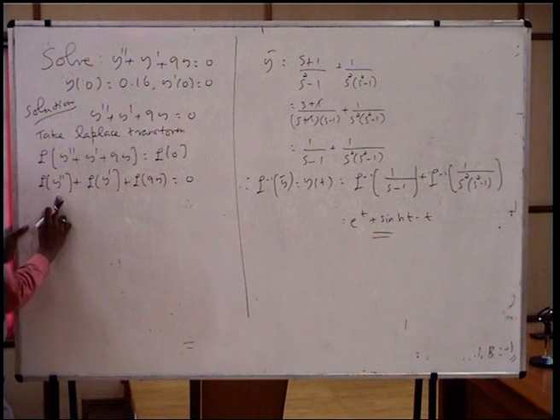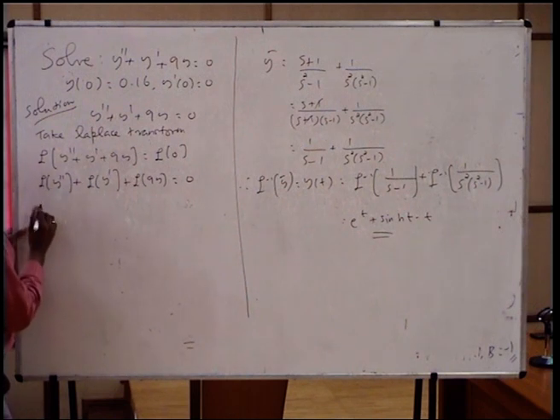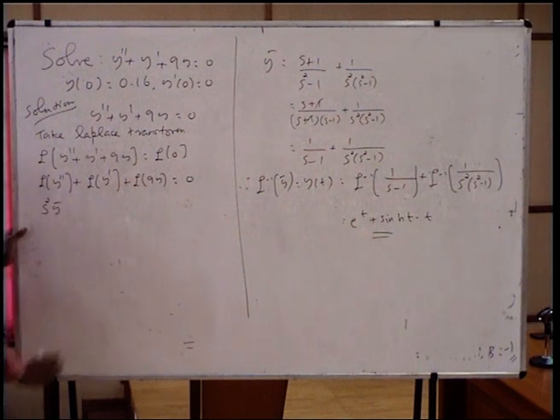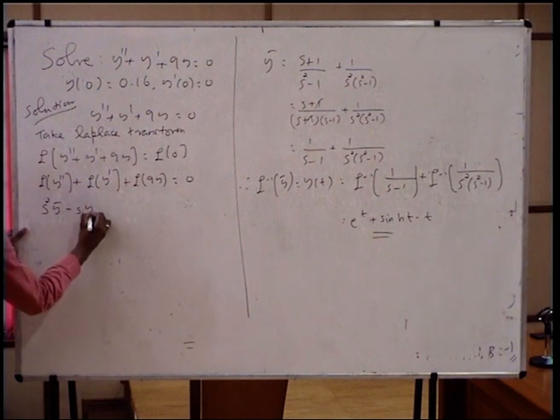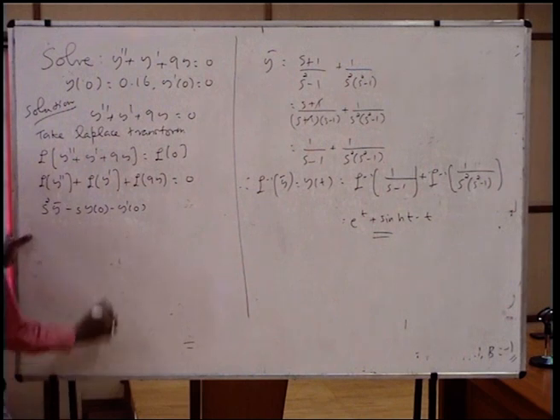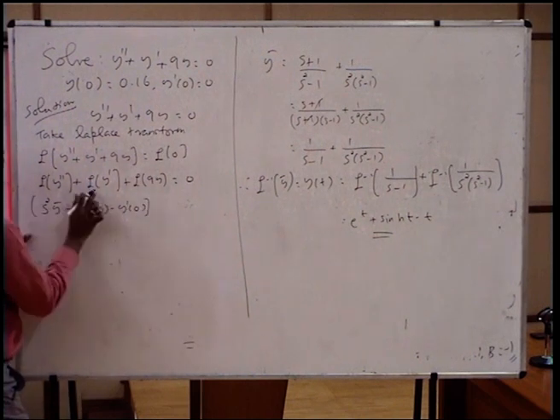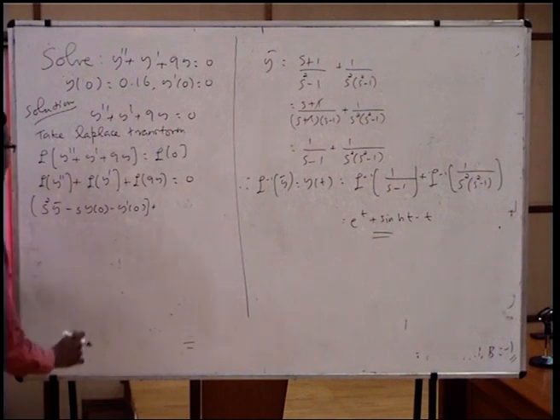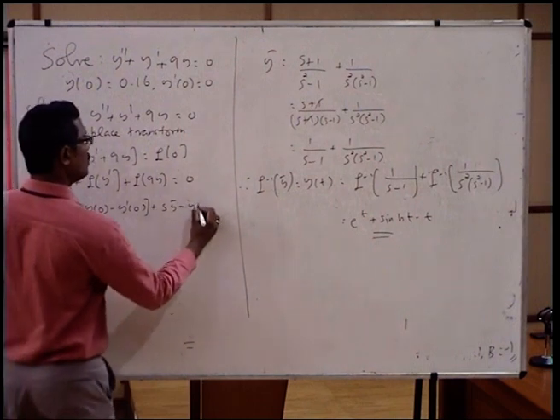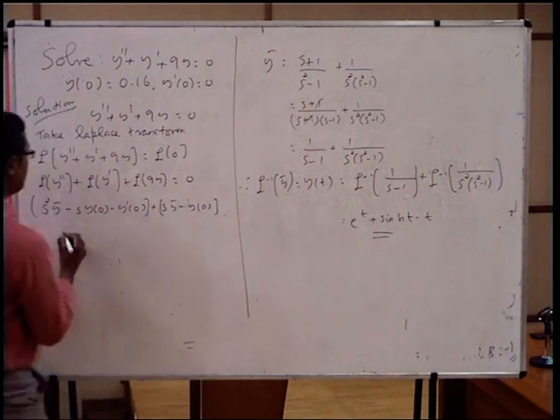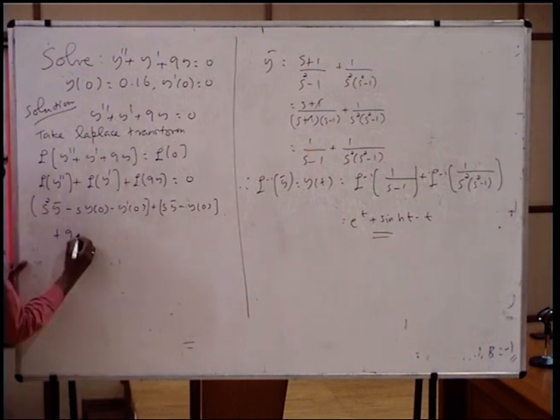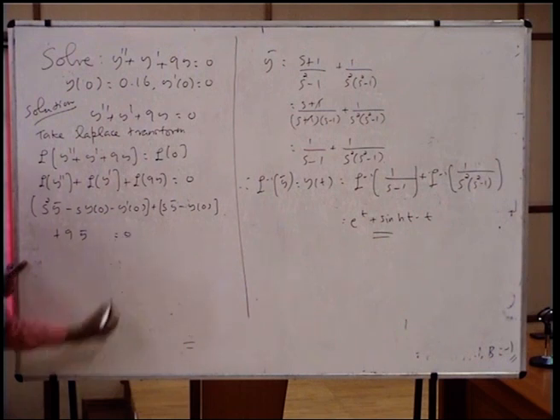Now consider the formula for L of y double dash: s square into the Laplace transform of y, let it be y bar, minus s into y of 0, minus y dash of 0, plus for L of y dash, again apply the formula s into y bar minus y of 0, plus 9 constant, so take it outside the operator, 9 times L of y is y bar, equal to 0.